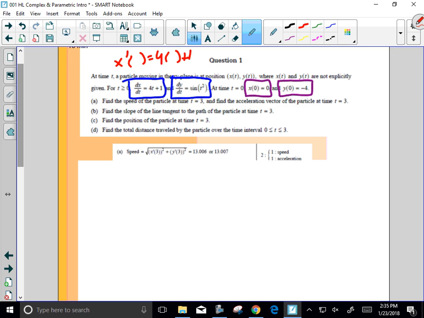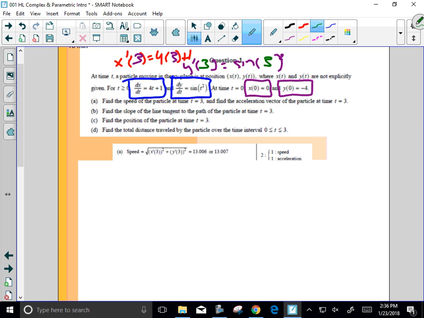So if it's at 3, you'd put a 3 here. What will x prime of 3 be? 12 plus 1 is 13. So this will be 13 squared plus, now when you put in y prime of t, the sine of t squared, you're going to put a 3 here.